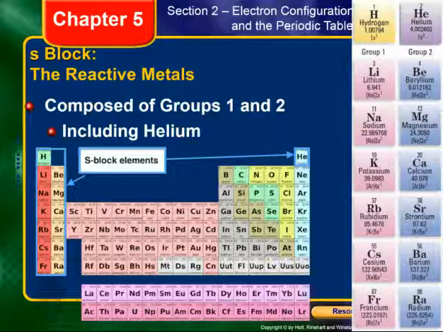But the question was, do we want to place helium in the group with other elements that are chemically similar, which is what the periodic table likes to do, or do we want to put it in the same block as hydrogen, which it actually is? Do we want to place it over there in group 2 so that you can easily see it's in the same block? They decided to put it over with the noble gases, so that's fine. But that's all the S block elements in groups 1 and 2, including helium.